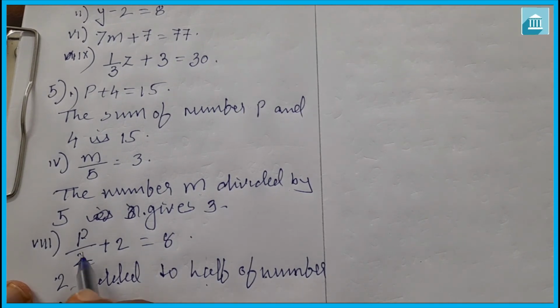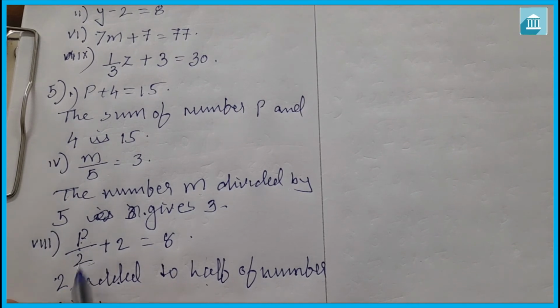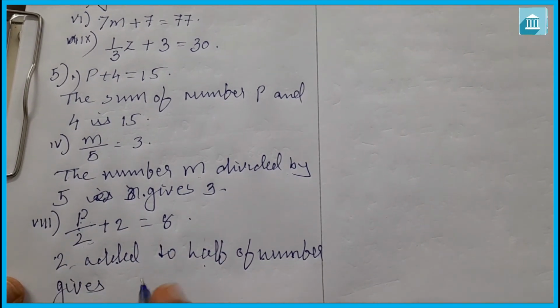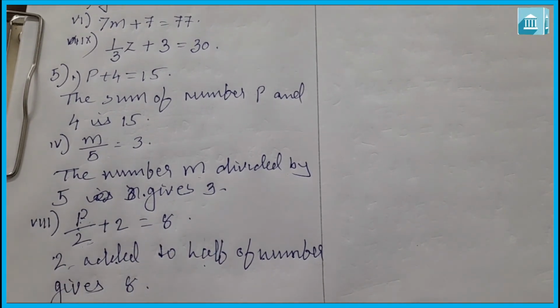Half of the number means if the number is p, then p upon 2, half of the number. So 2 added to half of the number gives 8. In this way you can make a statement of the number given.